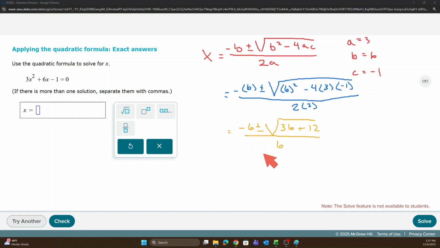So let's clean things up a bit. We have -6 plus or minus the square root of 36 plus 12, which is 48, over 6.